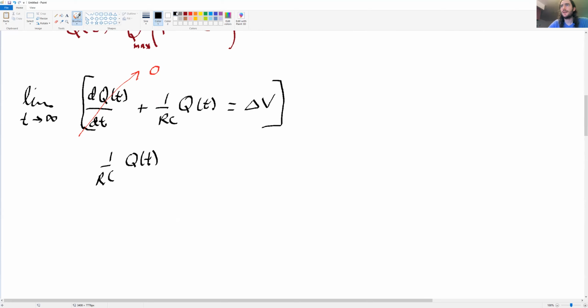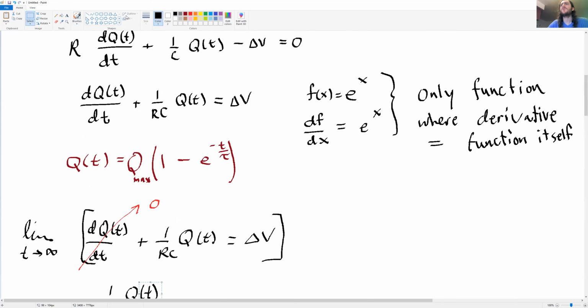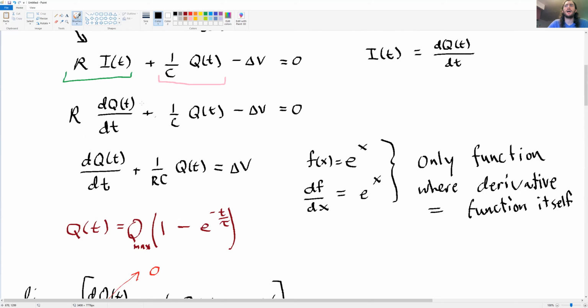I guess, technically, we could just write the Q max here if we want to. But what's going on here? Did I forget something? Oh, that's what happened. Okay. Sorry, guys.